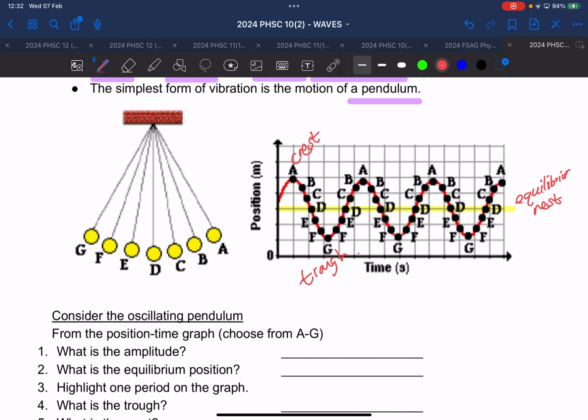The maximum disturbance of a pulse from its rest position. So there's the rest position. So it's either from D until A or from D until G, either in the positive direction or the negative direction.